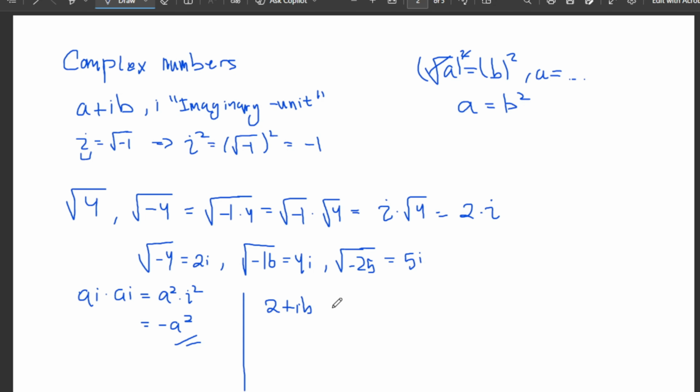Also, there is a subject or course called complex analysis, where we talk about complex numbers much more deeply. So let's say a plus ib. If we had a equals 2 and b equals 1, this would be 2 plus i.